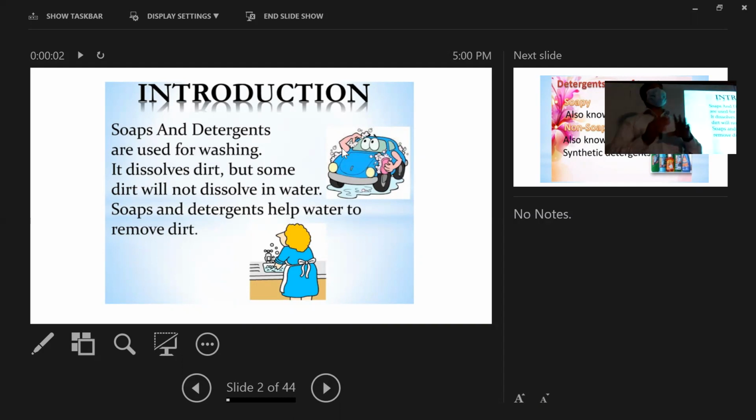Mainly you need to think of the dirt or dust as a kind of hydrocarbon or some kind of oil. If I have some dirt on this jacket, let us consider the dirt to be a kind of oil. So you need something that can attract the oil.